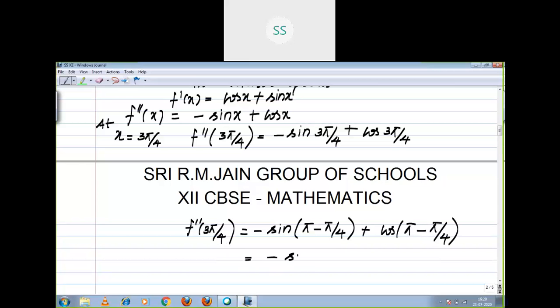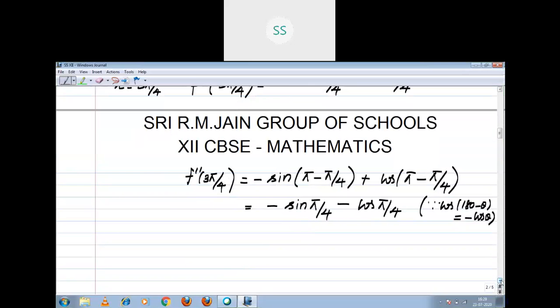Minus sine pi by 4, minus cos pi by 4. Cos 180 minus theta equal to minus cos theta, because it is the second quadrant. In the second quadrant, sine and cosecant alone positive. That you have to recall, children.